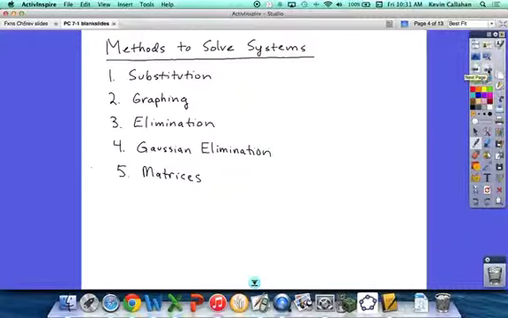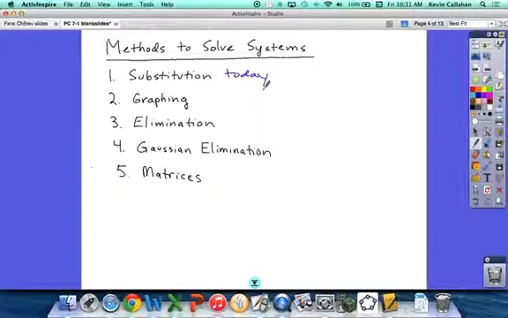These are the methods that we have for solving systems. And we are probably going to focus on 3 of them. Substitution is what we'll do today. And then elimination is next class.